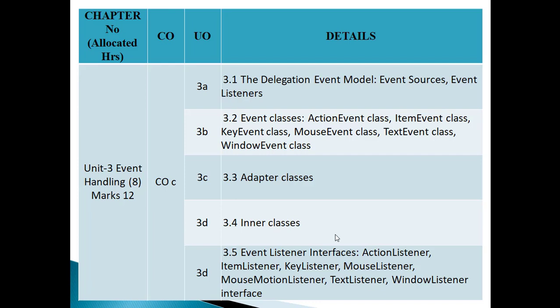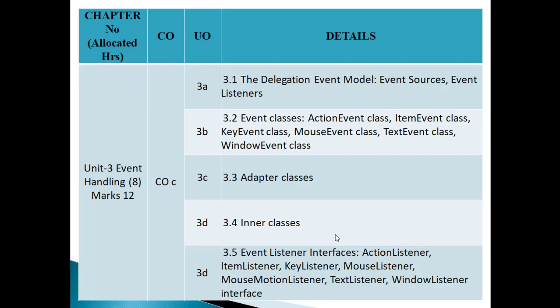Second point, event classes. To handle different types of events, Java provides different event classes. Action event class, item event class, key event class, mouse event class, text event class, window event class. To handle the events, these event classes are provided.